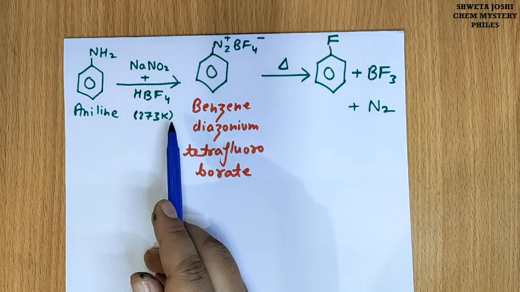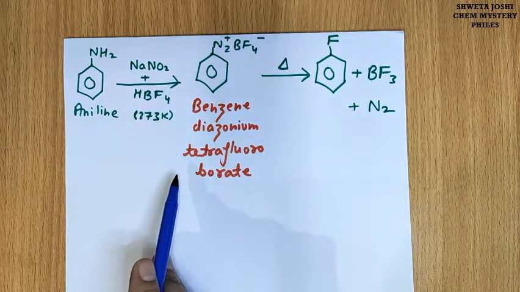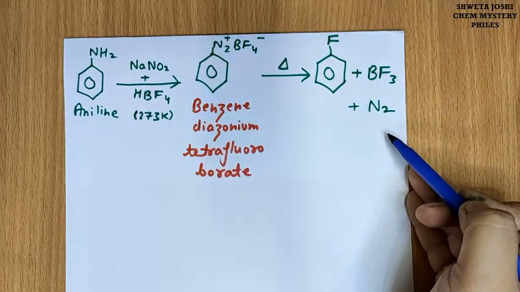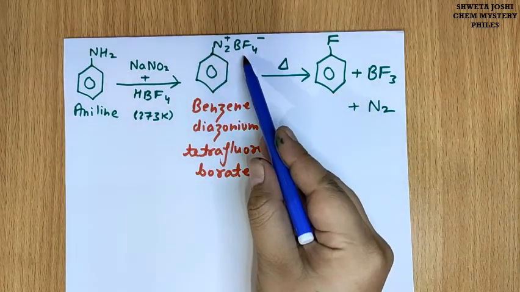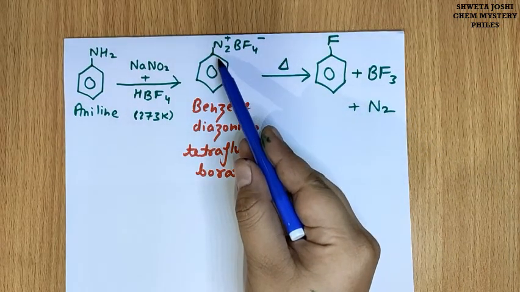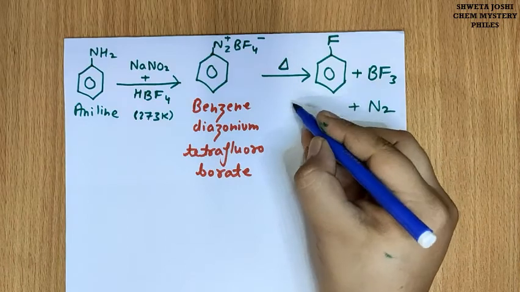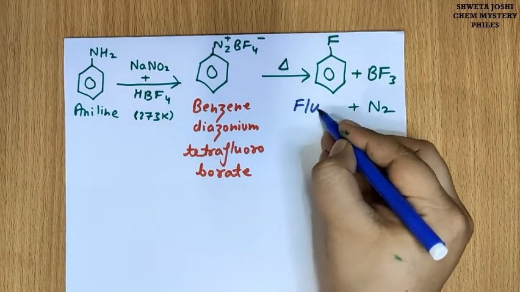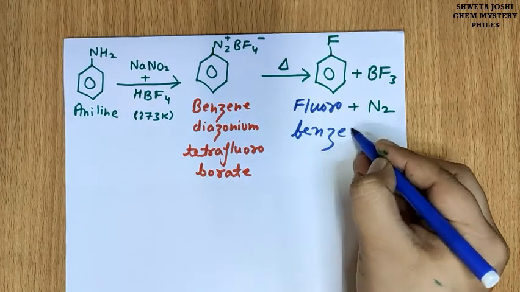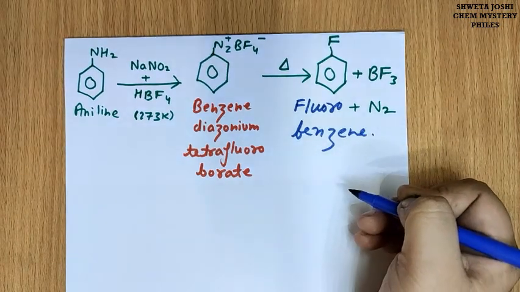Upon heating, the N2 group is removed in the form of nitrogen gas, BF3 is removed, and one F group attaches to the benzene ring, and fluorobenzene is formed.